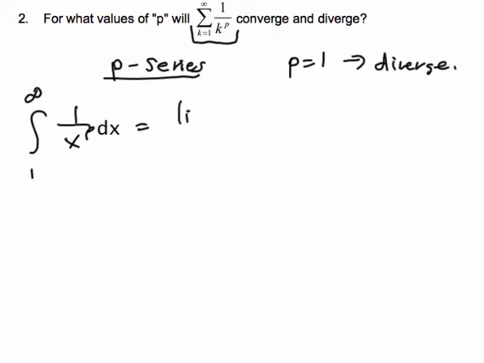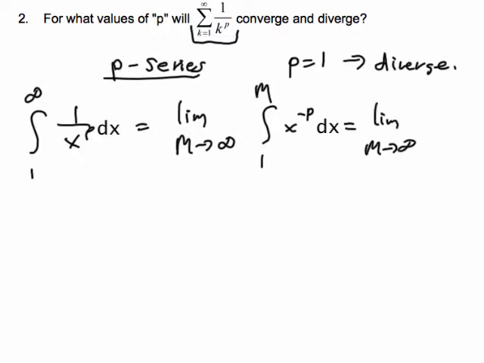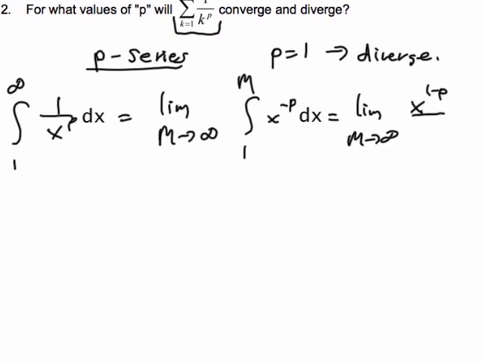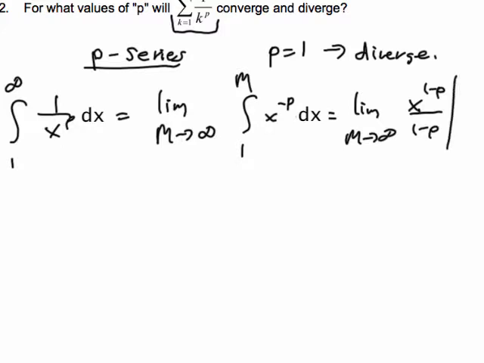So we need to represent this as an improper integral. And my antiderivative will be x to the, increase the power by 1, that'd be 1 minus p, divided by the new power, as x goes from 1 to m.